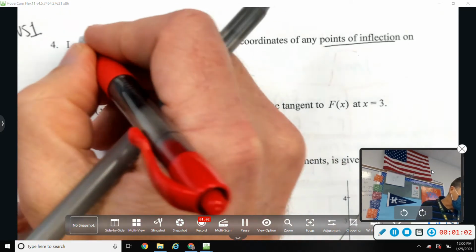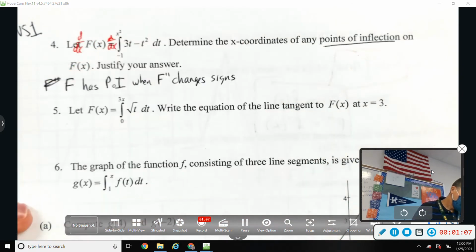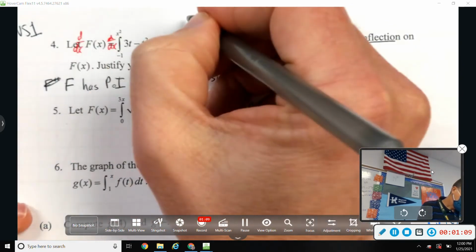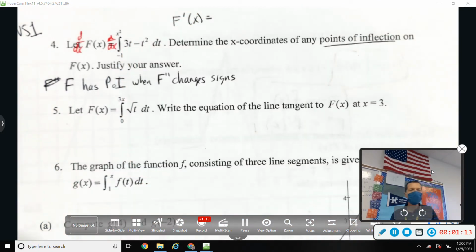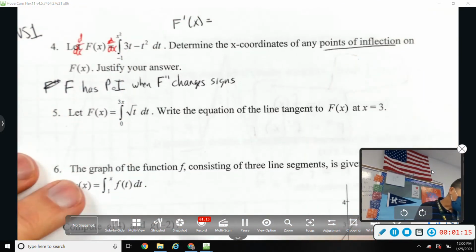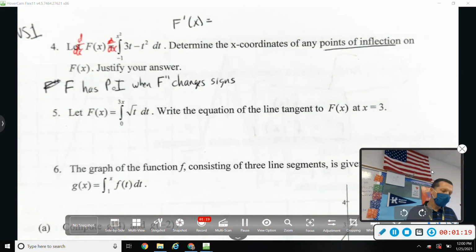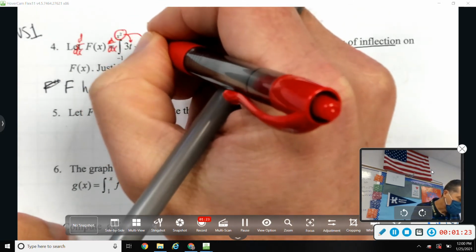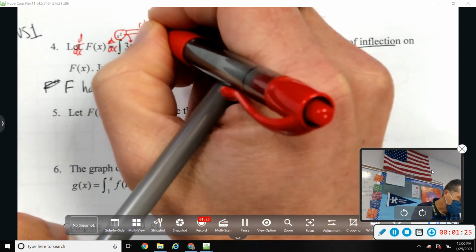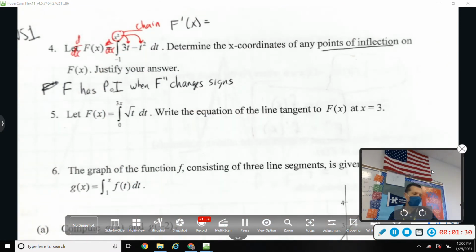So I need to take a derivative to get f prime. So f prime of x, or capital F prime of x, derivative of an integral. This is what we like. They cancel each other out, with the warning that we need to plug in the top value and then also include the chain rule.